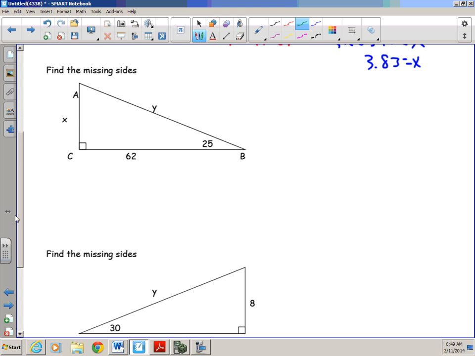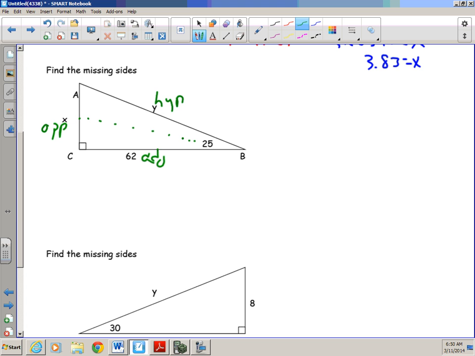What the recommendation here is, it doesn't matter if you start with x or y. So x is opposite 25. 62 is adjacent. Y is always the hypotenuse.